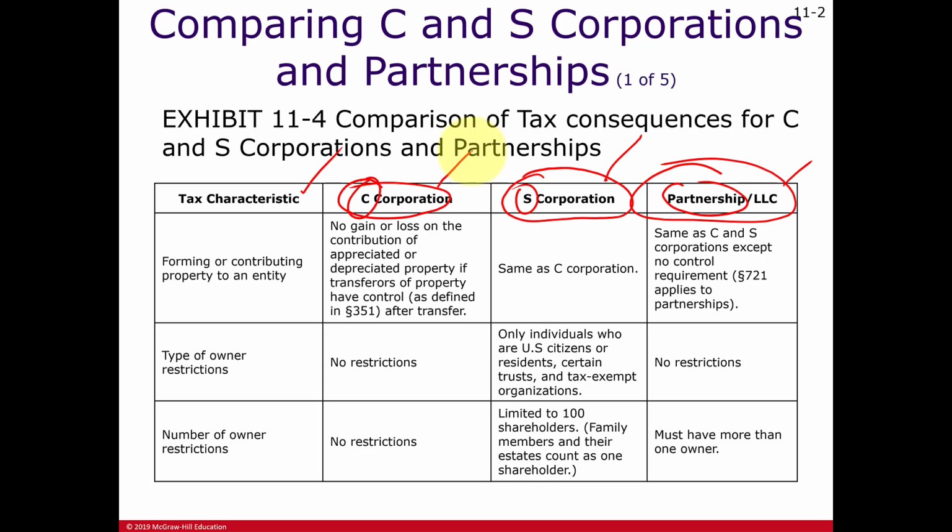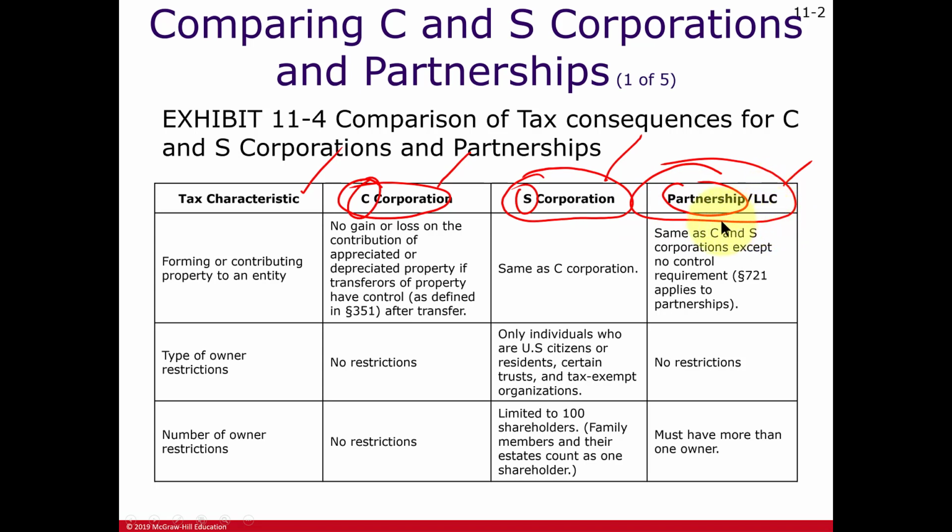Of course, the way we avoid taxes for S-type and for partnerships is that we pass through the income and the losses or expenses down to the owners, the S corporation shareholders, or the partners in a partnership, or members of a limited liability company.